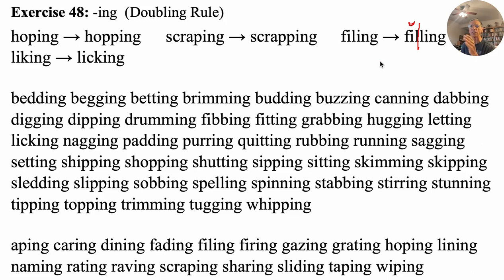He was filling his plate, filling, and the double L, that causes that first syllable to be closed. A closed syllable is what we call it. And these syllables over here that end in a vowel are called open syllables. Next, the last one we have at the top with this transformation, with this arrow right here, we have liking, and then we have licking.